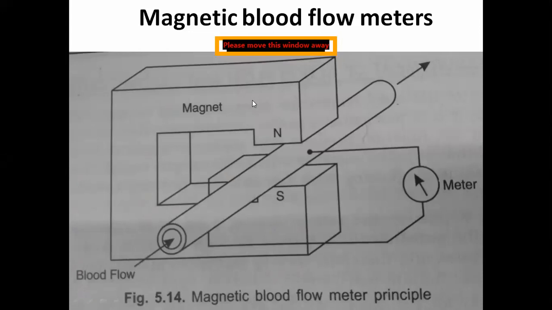For that electromagnet, we will wind a wire around this C-shaped magnet. For a permanent magnet, there is no need to wind the wire, since a permanent magnet directly produces the magnetic field.